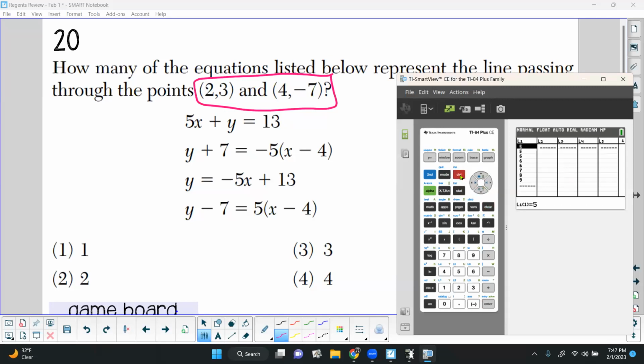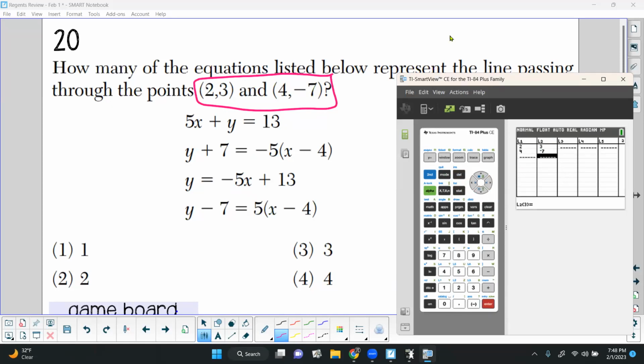I'm going to clear out list number 1. I'm going to enter the points. 2, enter, and arrow over to list 2. There's my first point, 2, 3. My second point is 4, 4, enter, -7, enter. There's my 2 points.